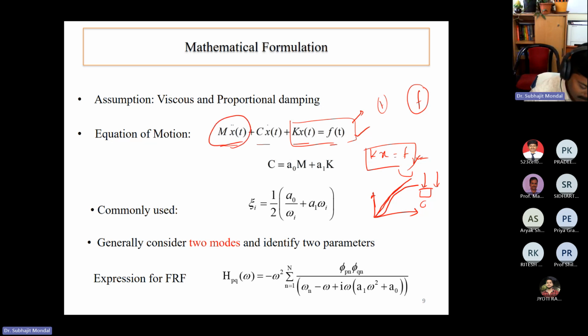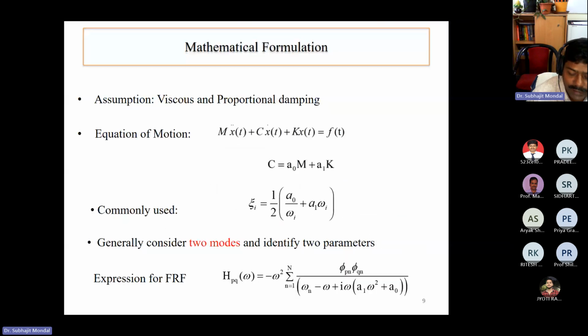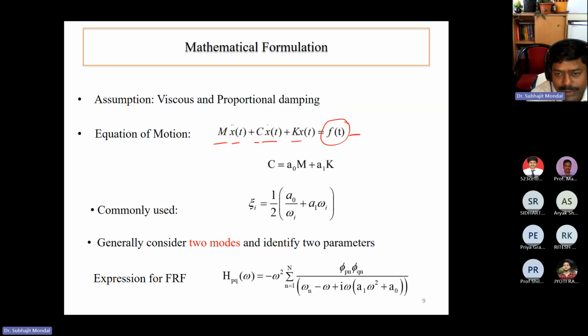Here you can see in this equation, the right side has the forcing function. So m x double dot must be a force, c times velocity must be a force, and k times x must be a force.